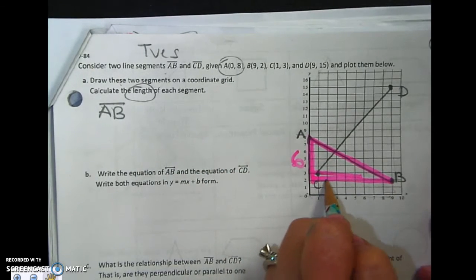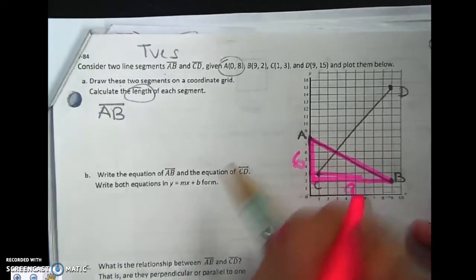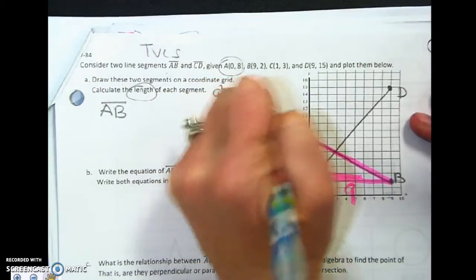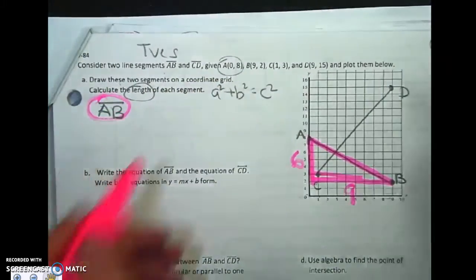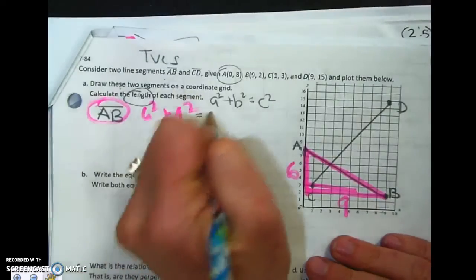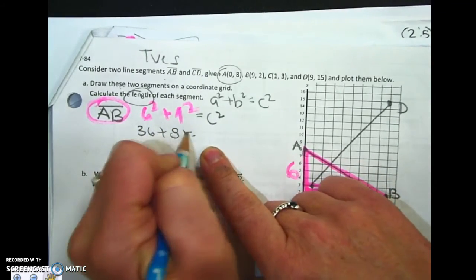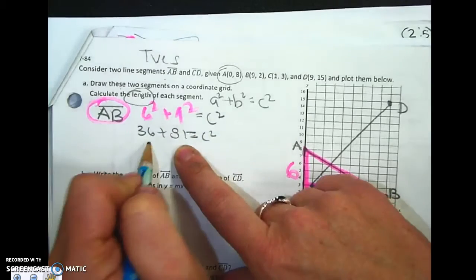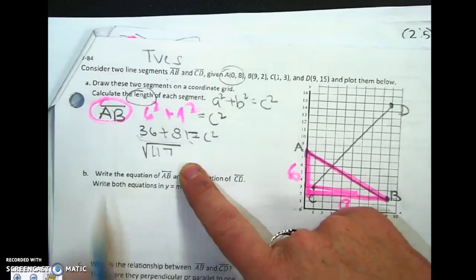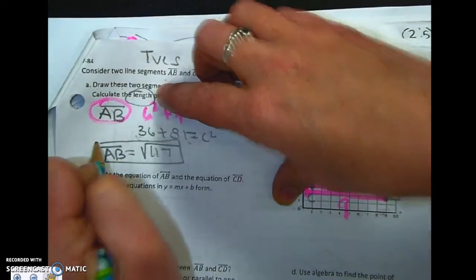This is 1, 2, 3, 4, 5, 6, 7, 8, 9. So I can do the Pythagorean theorem, which is a squared plus b squared equals c squared. So I'm going to go 6 squared plus 9 squared equals c squared. 6 squared is 36. 9 squared is 81. 36 plus 81 is 117. Square root of 117. So AB equals square root of 117.